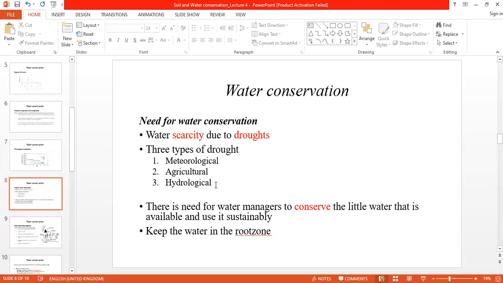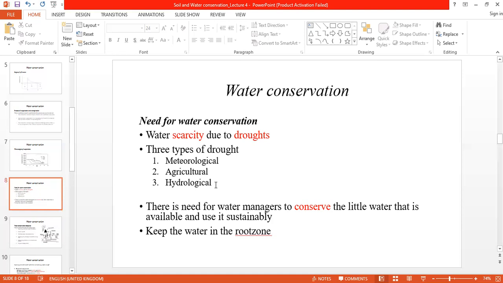I remember those from land reclamation, where you explained meteorological, agricultural and hydrological droughts. These will lead to us having less water.